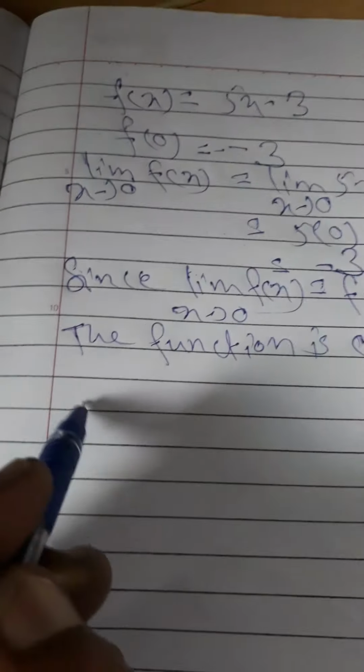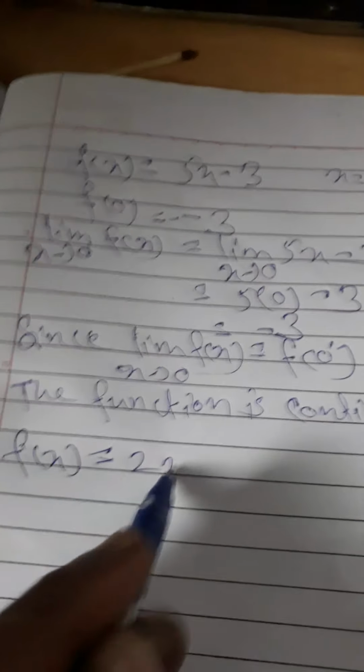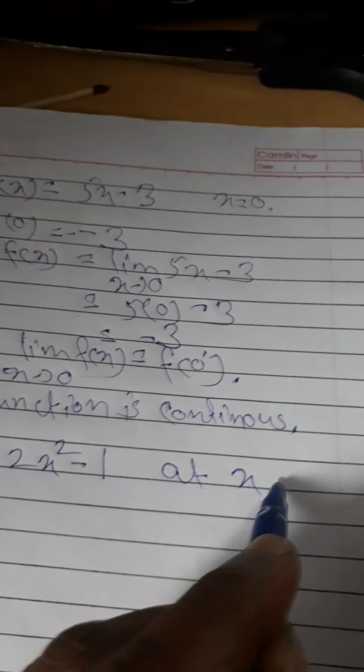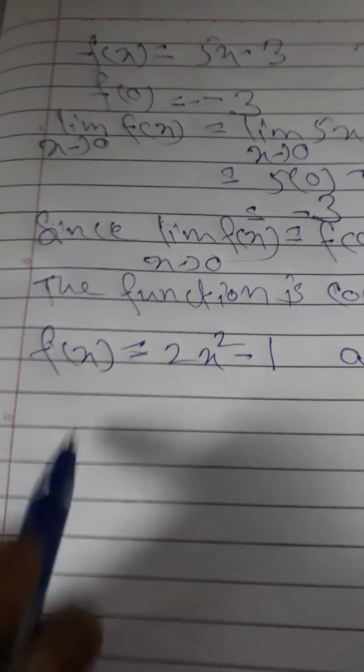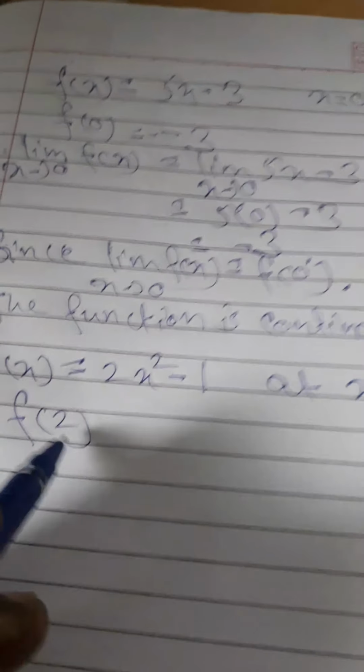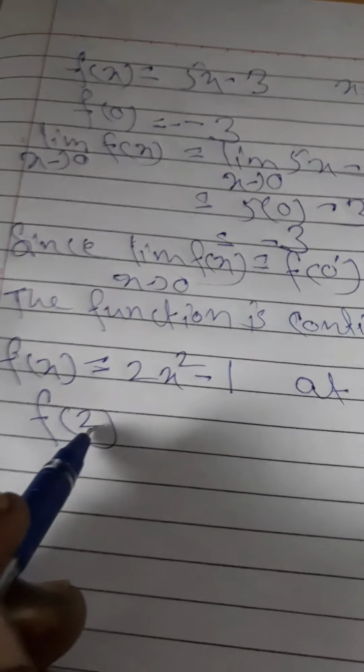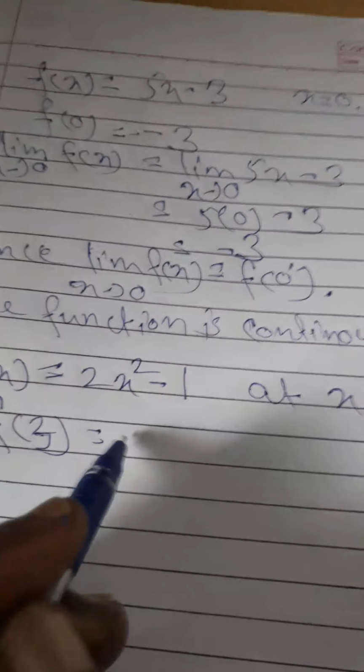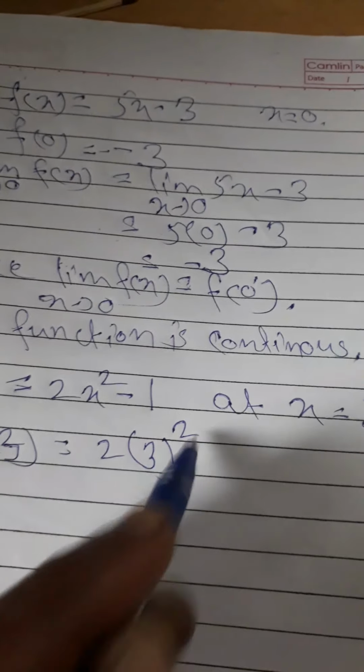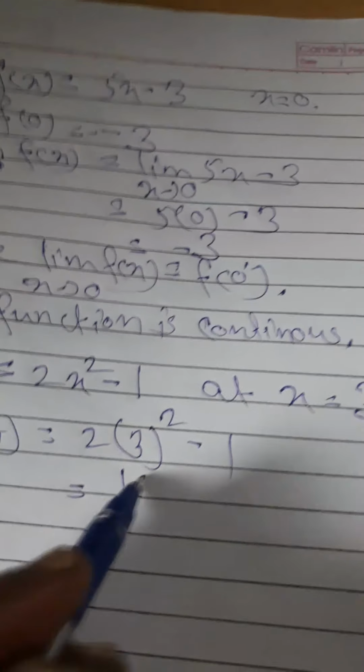So another example is f of x is given to be 2x square minus 1 at x is equal to 3. Now f of 3 is equal to 2 into 3 square minus 1, 18 minus 1, that is 17.